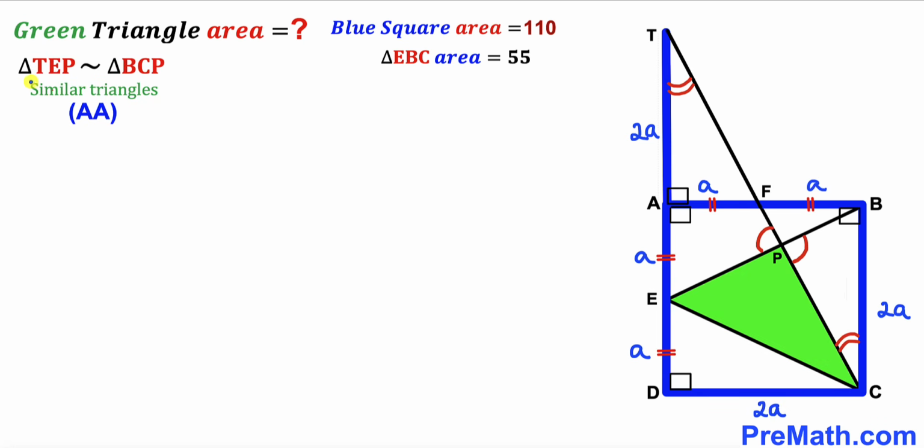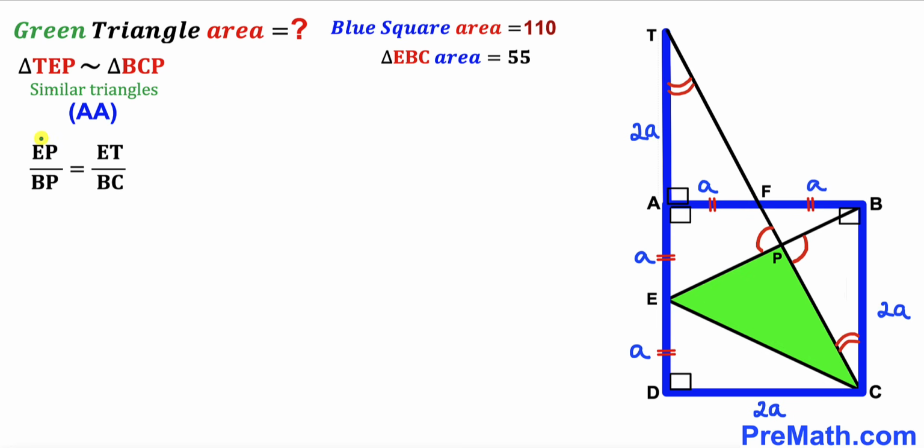So we conclude that these two triangles, triangle TEP and triangle BCP, are similar triangles according to the angle-angle similarity theorem.